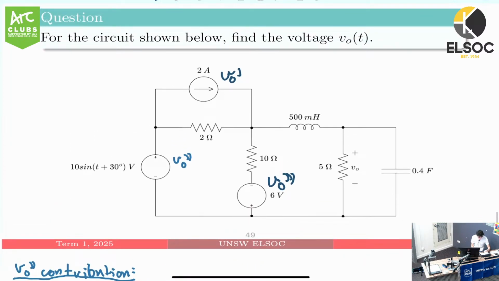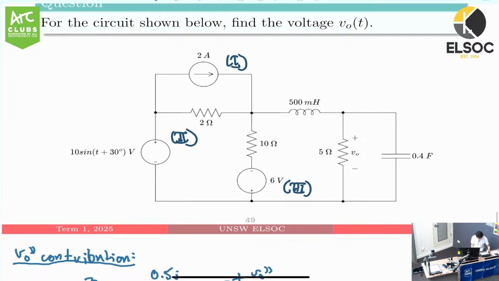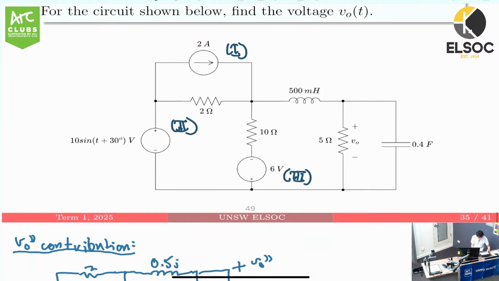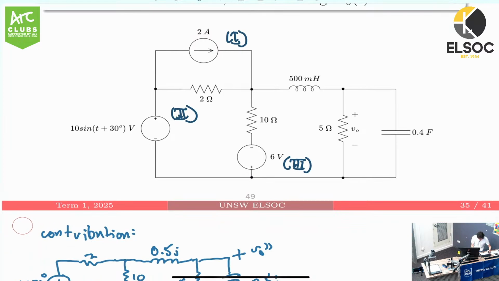What we can say is that if we want to find, that's a bad annotation. Let's call this I, let's call this double I, and we'll call this triple I. Looking at each of these contributions, there we are.